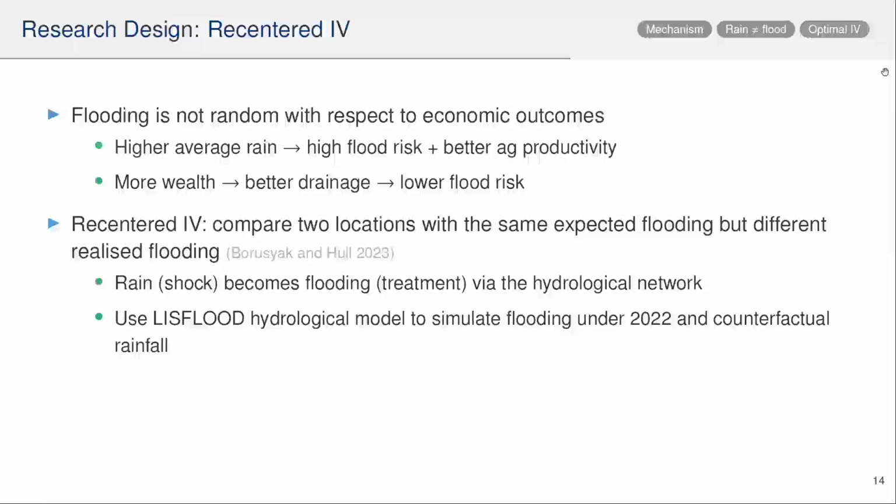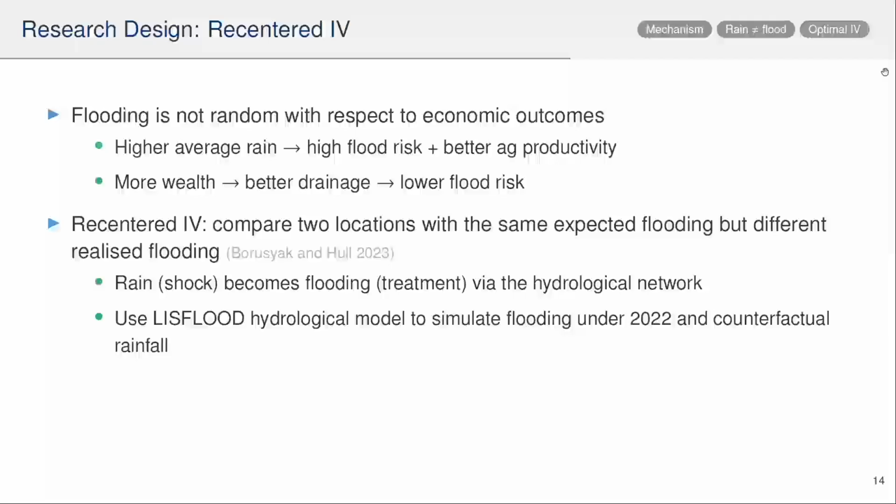You can think about it as the variation in flooding that I'm going to use is the bit that comes from the hydrological prediction after controlling for the expected hydrological prediction. The hydrological model just takes in topography. It's not going to have rich infrastructure information in it, but that's okay because the experiment I'm using is the variation that comes from this hydrological model. Do you mind if we talk about it afterwards?